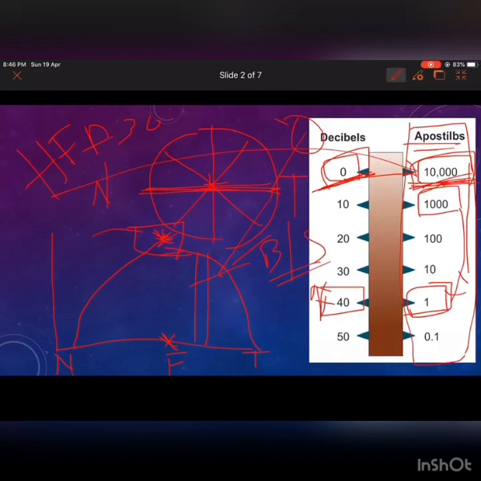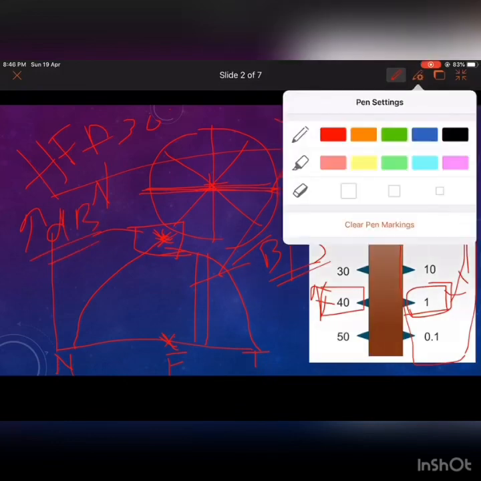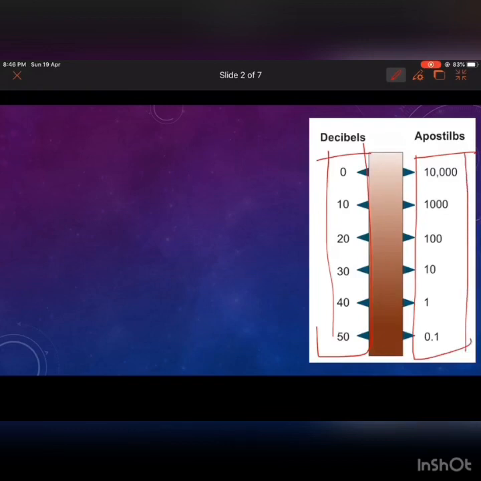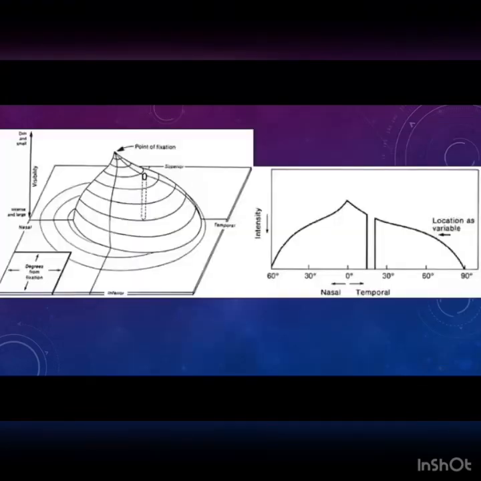That means it has the highest sensitivity or maximum decibel sensitivity. So sensitivity is given in decibels, and the light required to stimulate that particular area is in the unit apostilb. With this basic we'll see the further slide.